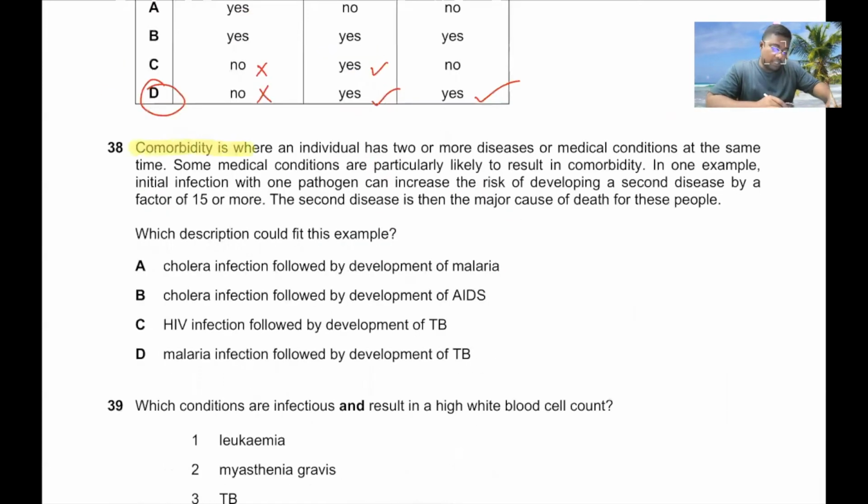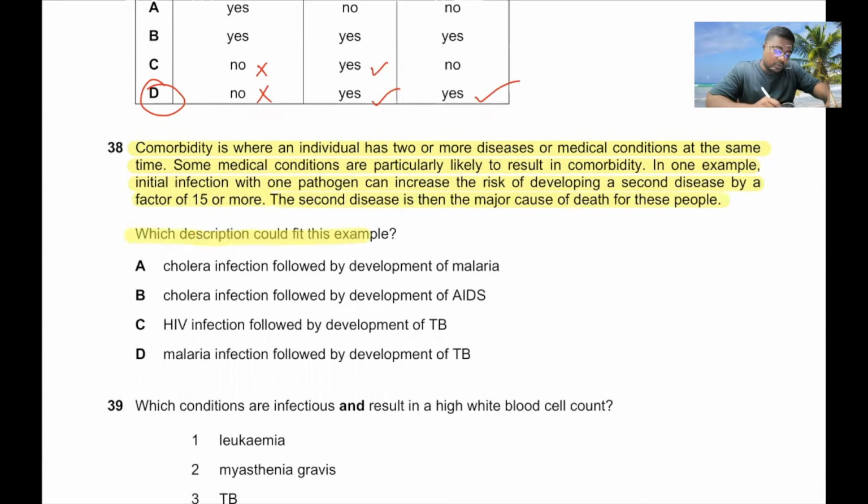38, comorbidity is where an individual has two or more diseases or medical conditions at the same time. Some medical conditions are particularly likely to result in comorbidity. In one example, initial infection with one pathogen can increase the risk of developing a disease by a factor of 15 or more. The second disease is then the major cause of death for these people.